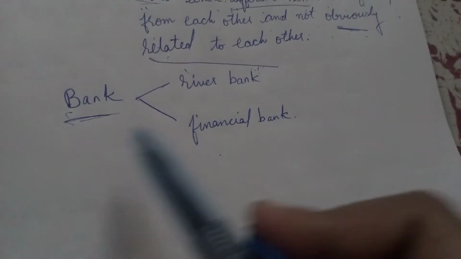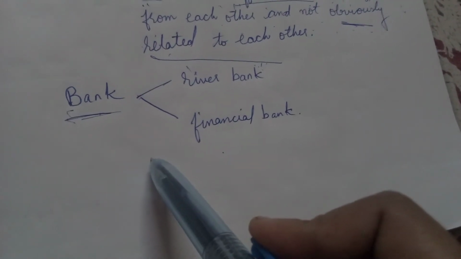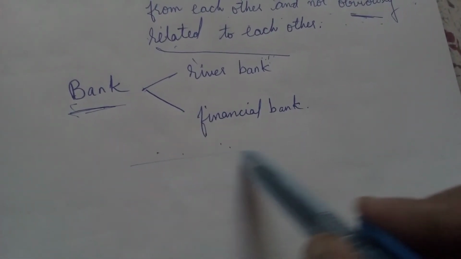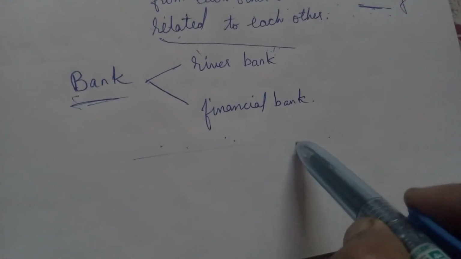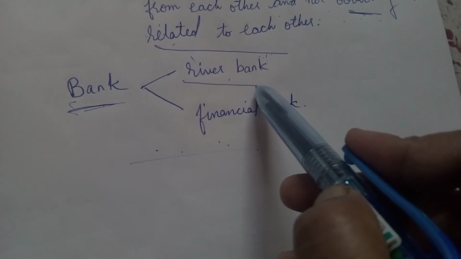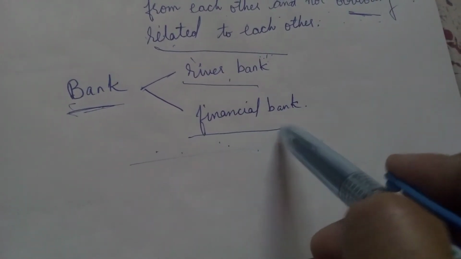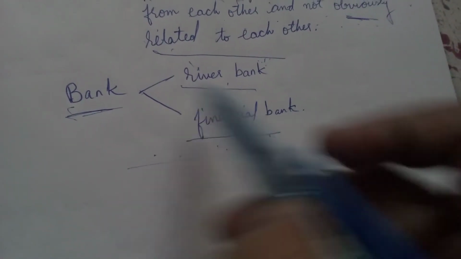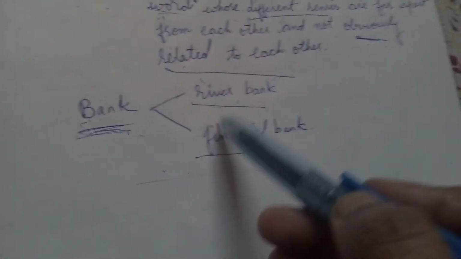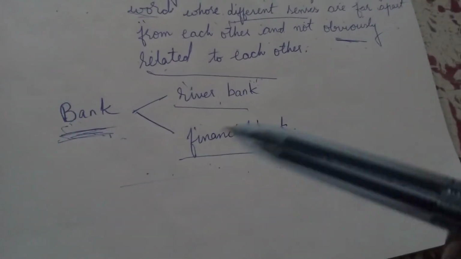Only if we read the whole sentence can we understand whether it is a river bank or a financial bank. Just with the word bank we cannot say the meaning.